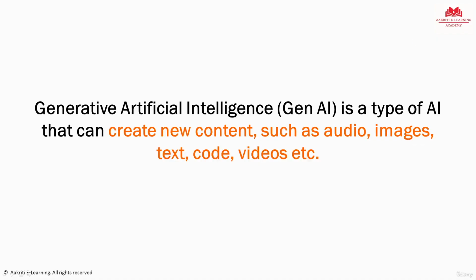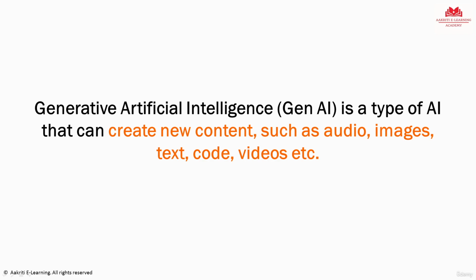So here is a definition of generative AI, and as you can see, it's an expansion of artificial intelligence capabilities. And the key thing, like I mentioned before also, is we are generating new content. We are generating images, we are generating text, we are generating audio, source code, videos, everything.